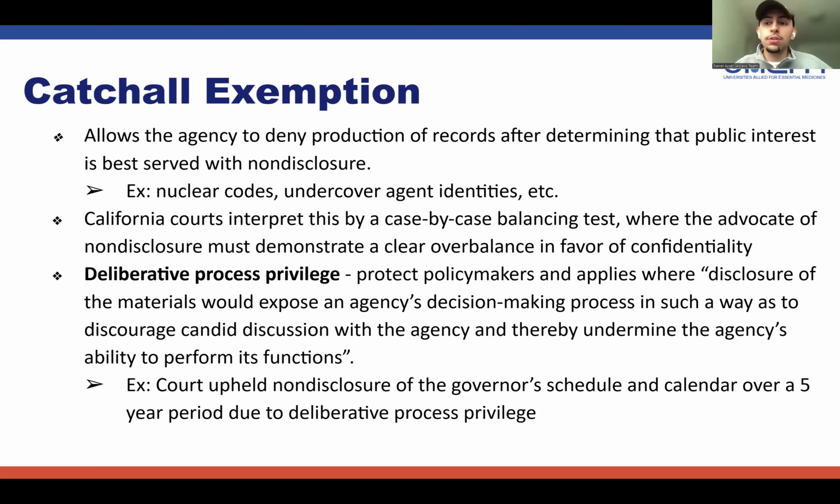So basically, the university is going to have to show the court that there's a very clear amount of evidence that shows that it's better off to keep the document hidden. So that is helpful because the burden of proof is not on our side here. We don't have to prove anything. The university is the one who has to prove that it's better to withhold this information. And so it does help us in that case.